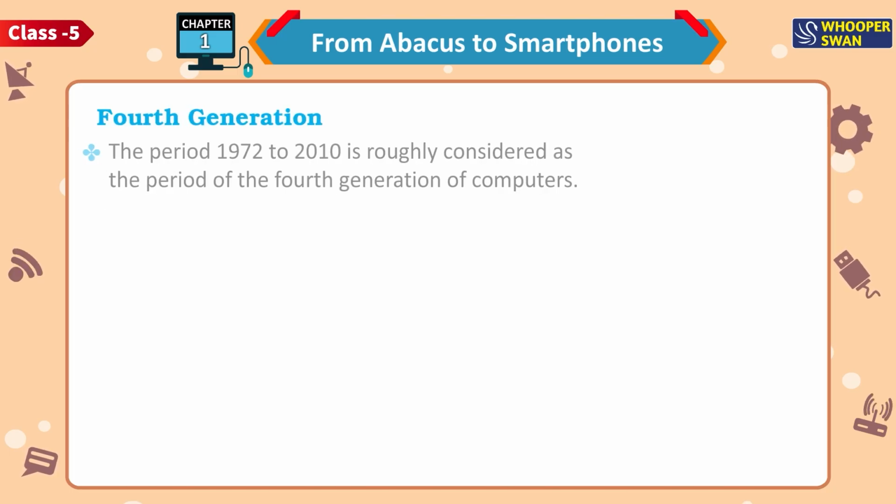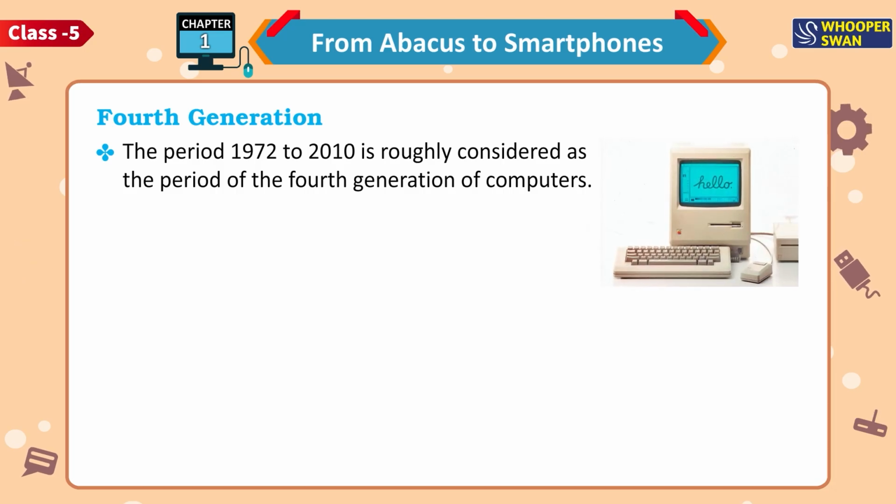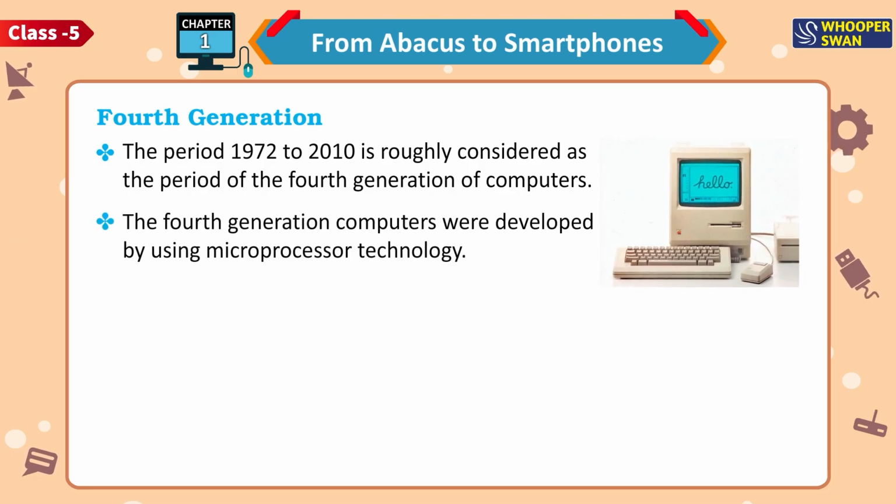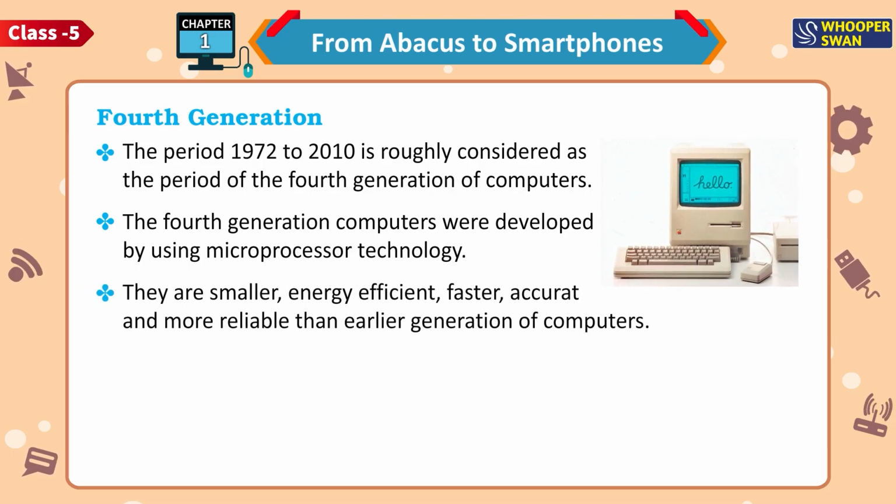Fourth generation. The period 1970 to 2010 is roughly considered as the period of the fourth generation of computers. The fourth generation computers were developed by using microprocessor technology. They are smaller, energy efficient, faster, accurate and more reliable than earlier generations of computers.